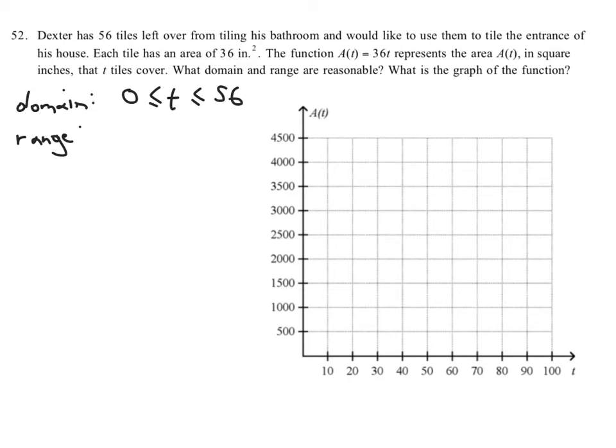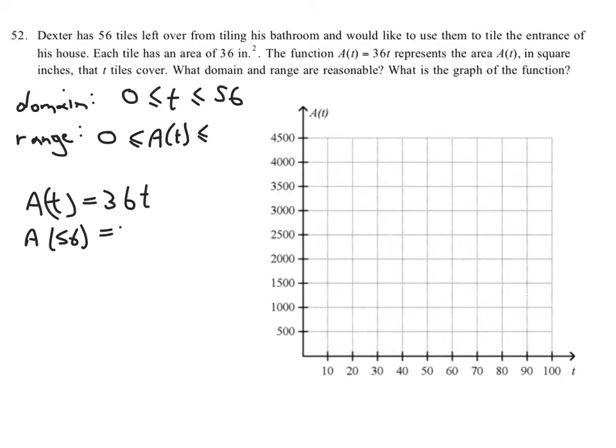The range then becomes, okay, well, what if I calculated the area of 0 tiles? We're putting it in as, I could say, A of t, the output, is somewhere between, well, if you use 0 tiles, we'd have 0 as an area, and 56, well, remember, we're multiplying by 36, so if I said A of t equals 36t, that's what they told us the function is, then A of 56, the most that he could possibly use, would be 36 times 56.